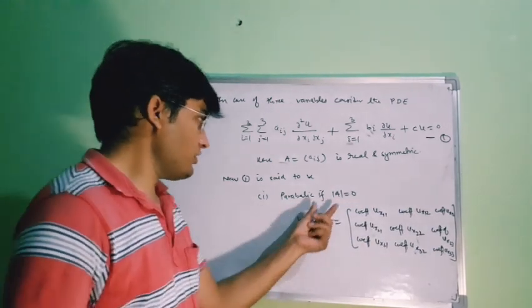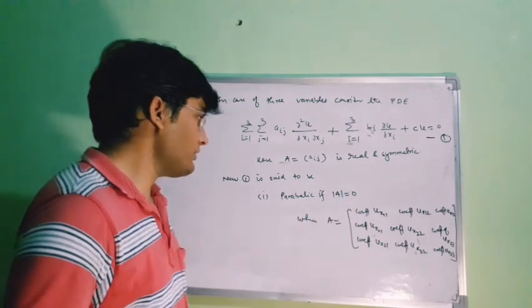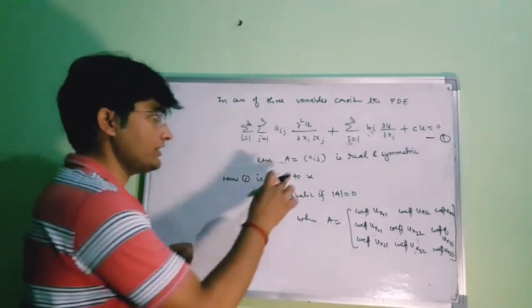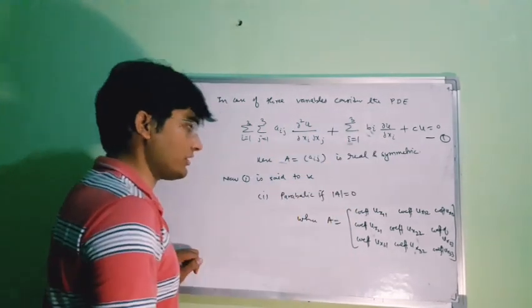Now if the determinant of this matrix is 0, then we will say that the nature of the partial differential equation is parabolic.